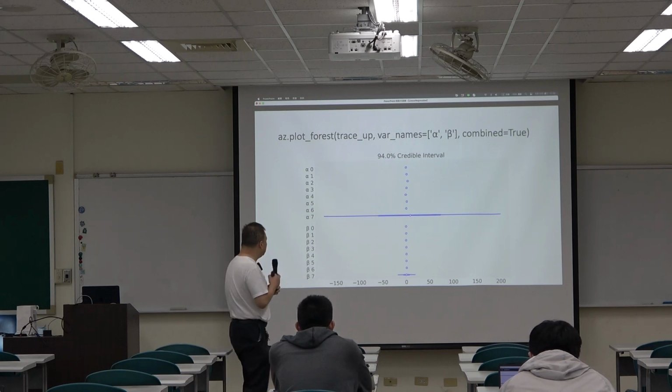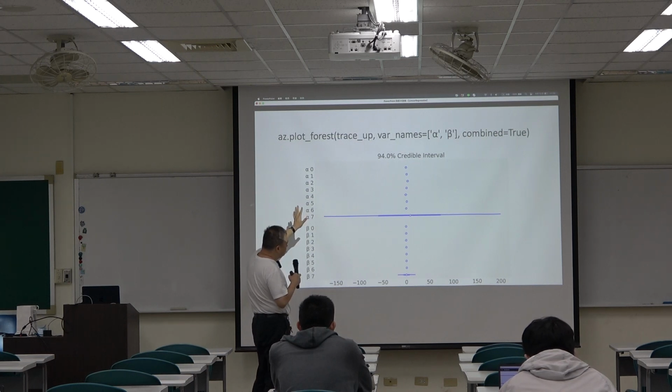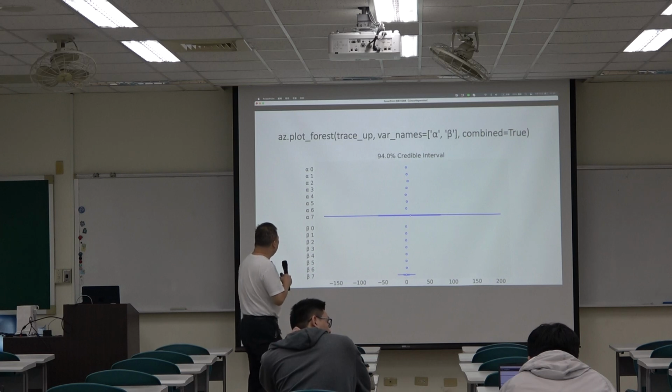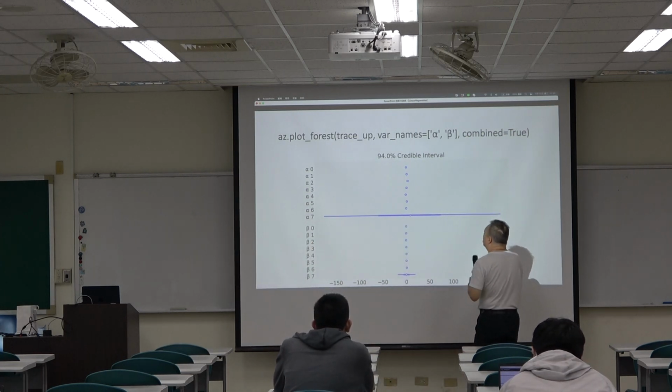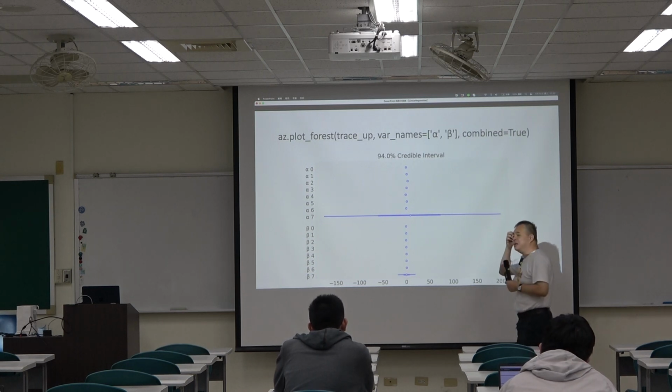Okay, so you can see that all the other groups look okay, but group 7, the one with a single point, shows an extremely wide range of the 94% HPD.